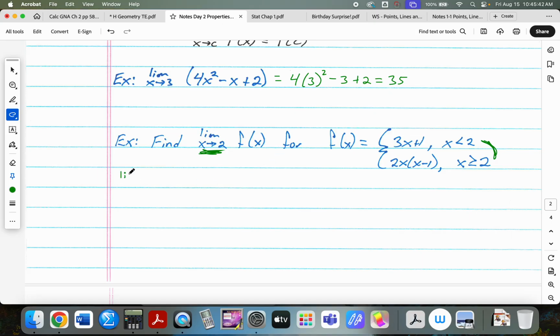So the limit as x approaches 2 from the left of f of x is going to be the limit as x approaches 2 from the left of which one of these two expressions talks about things to the left of 2? Yeah, the 3x plus 1. So that's just going to be 3 times 2 plus 1, which is 7.